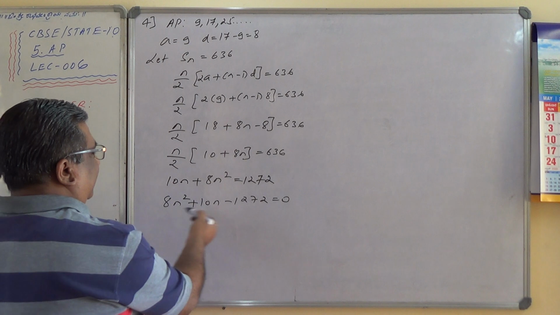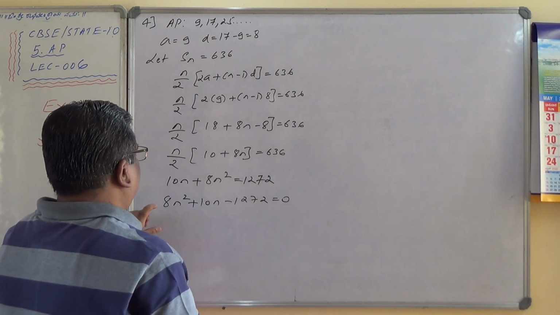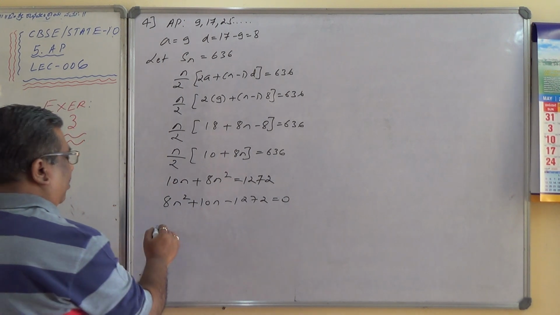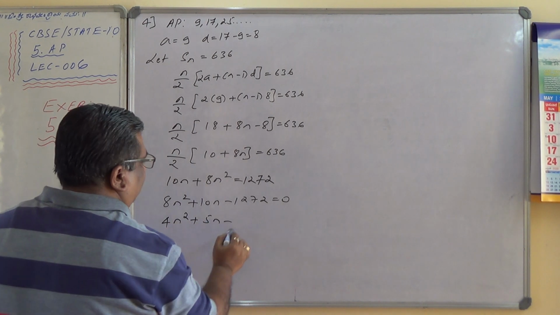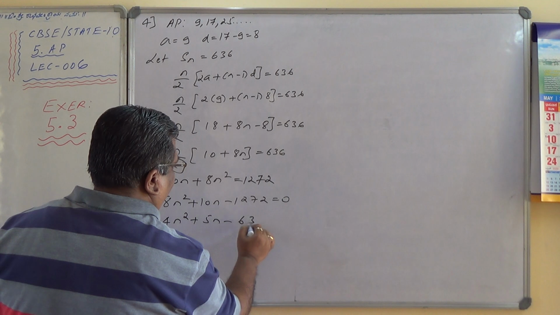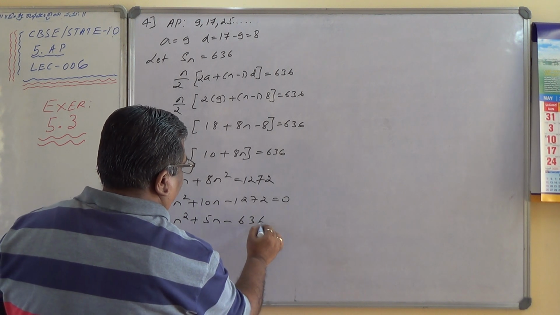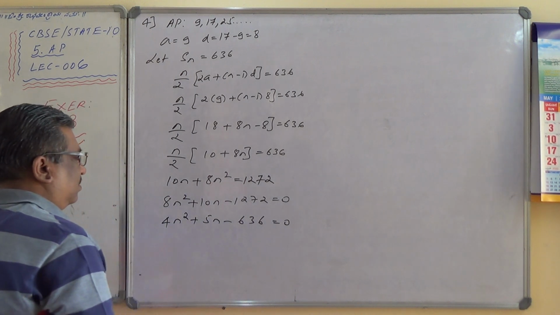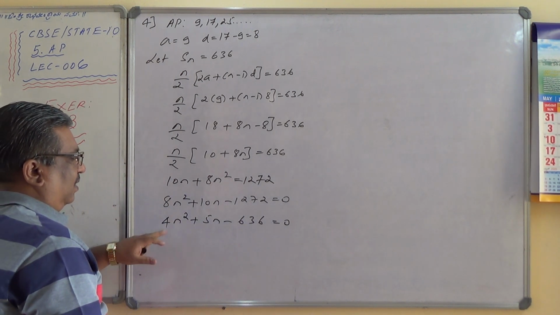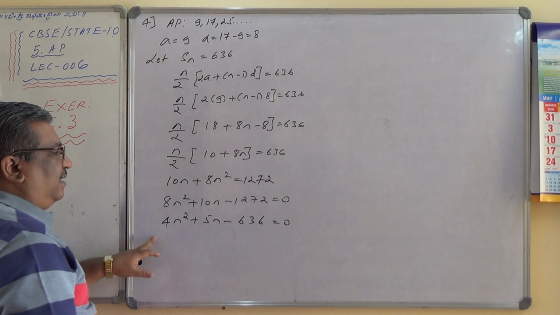So let's check whether any common factor is possible. 2, let me take common. 4n square plus 5n minus 636 equals 0 here, isn't it? So let us try to find this. We have to factorize this one.